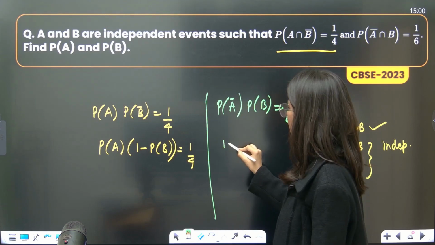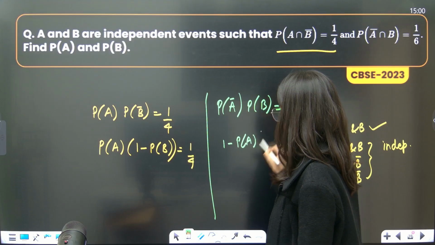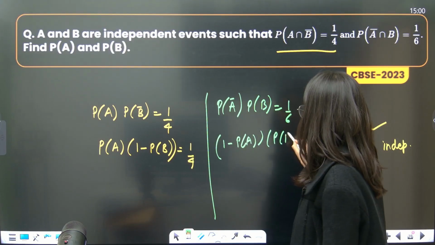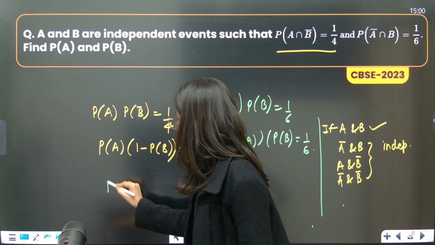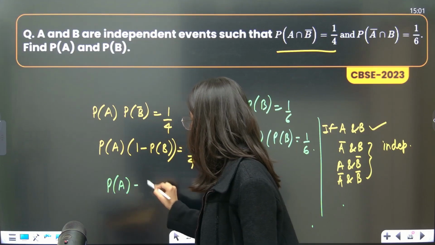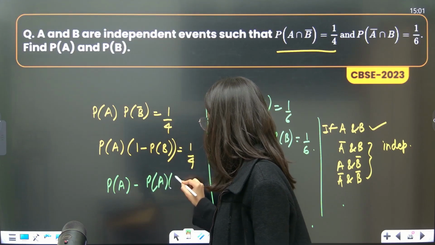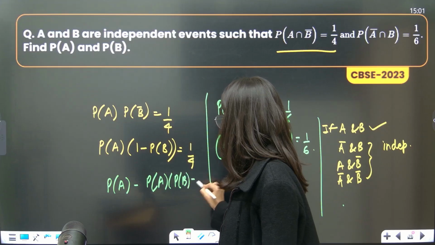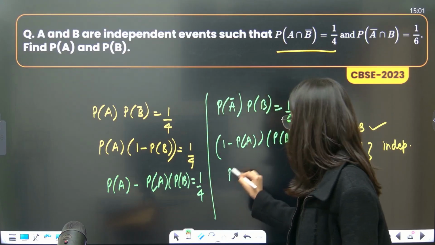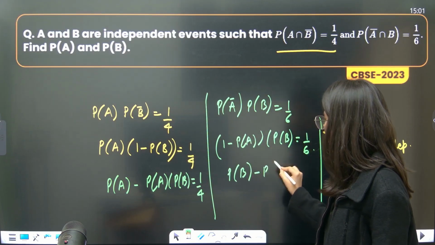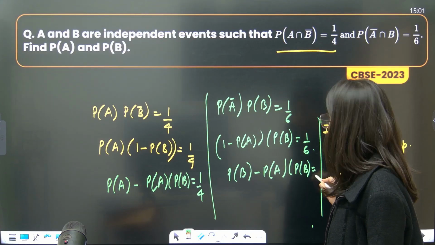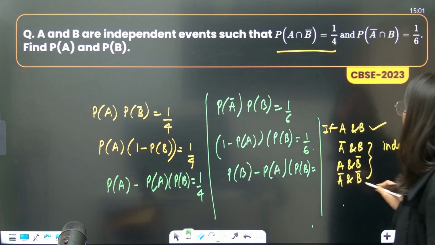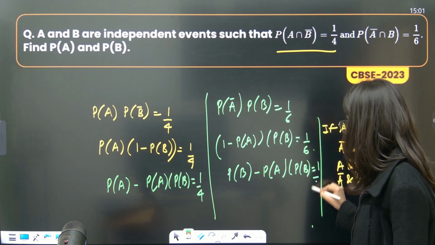Now this, 1 minus probability of A times probability of B, is equal to 1 by 6. Correct? So probability of A minus probability of A, probability of B is 1 by 4. This is the first equation. This is probability of B minus probability of A, probability of B is equal to 1 by 6.